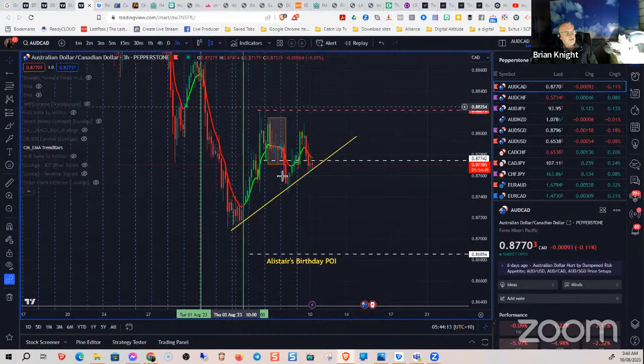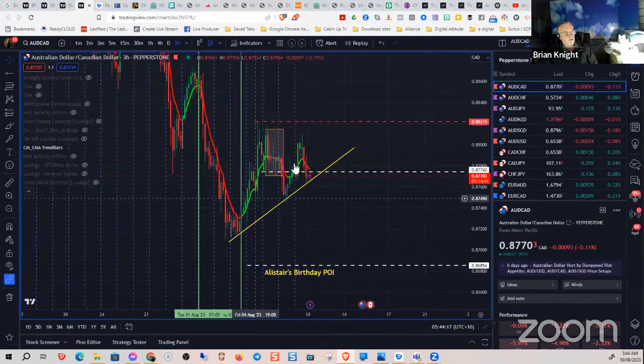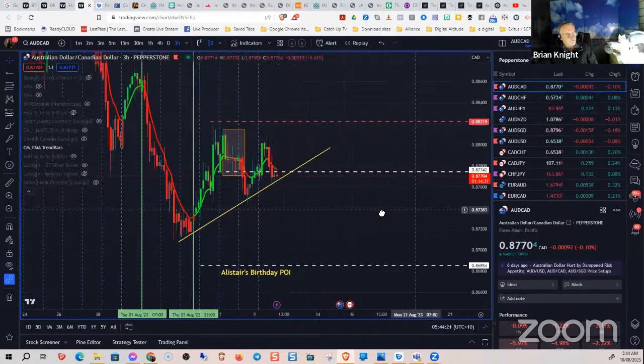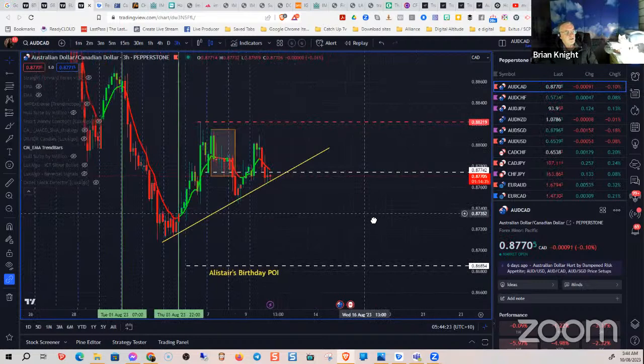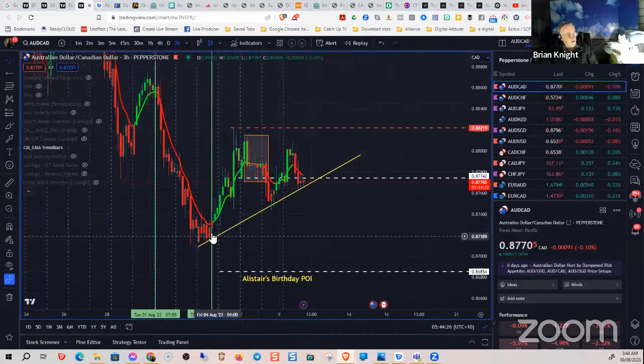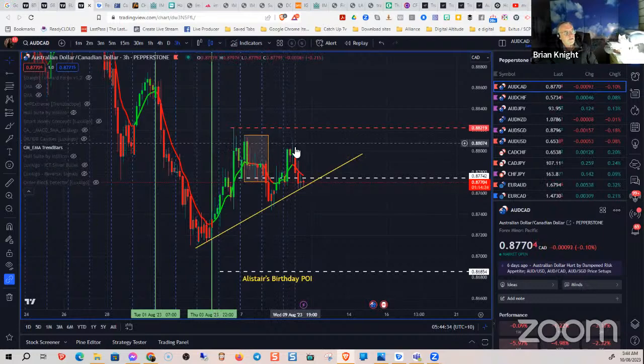This is on a 3 hours, so it looks like it's just consolidating to a certain extent. The only solace I've got at this point is that it's creating lower highs there.